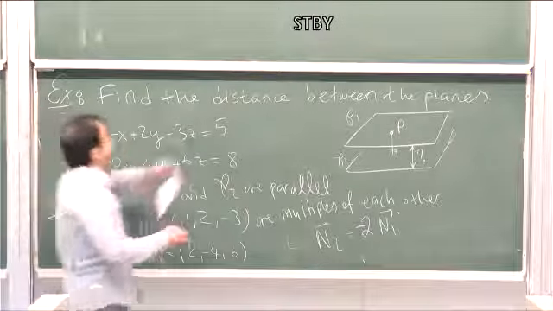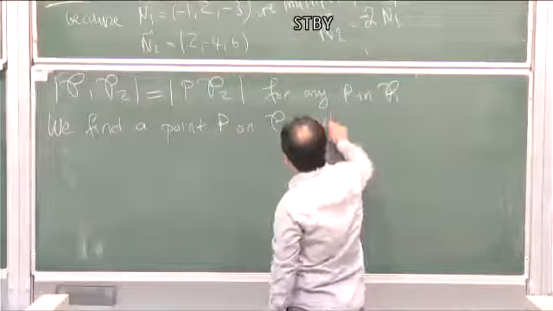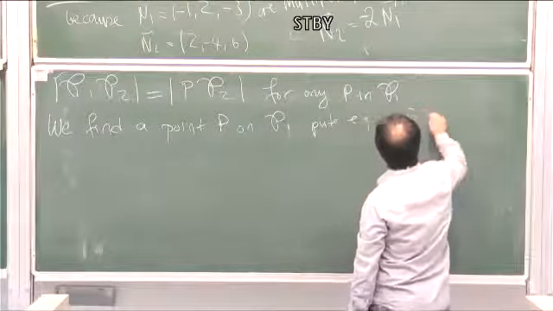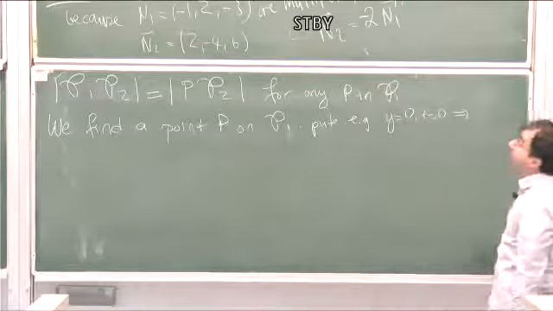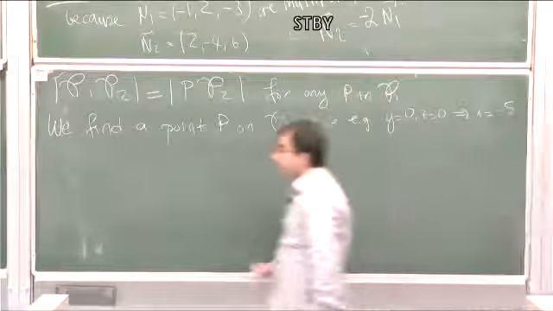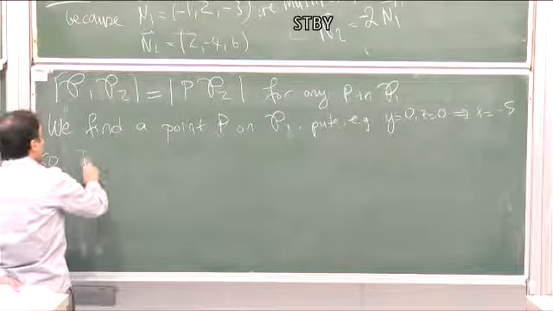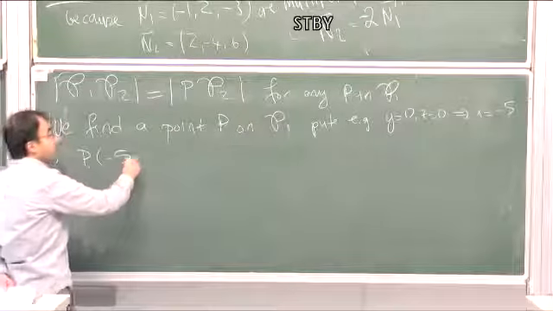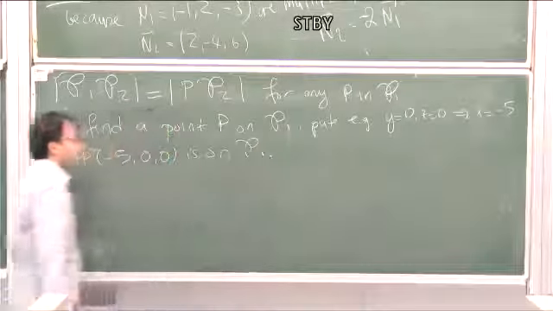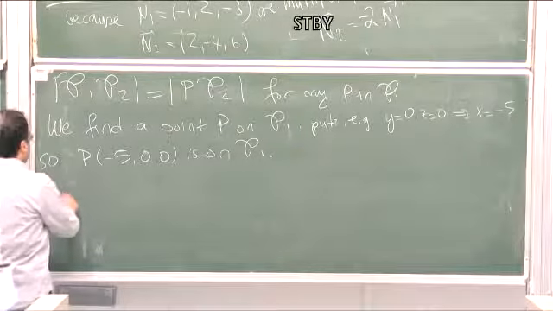Putting y equals 0, z equals 0 into the equation, we get x equals minus 5. This means that the point P with coordinates minus 5, 0, 0 is on P1.